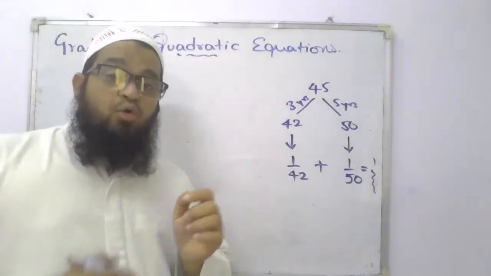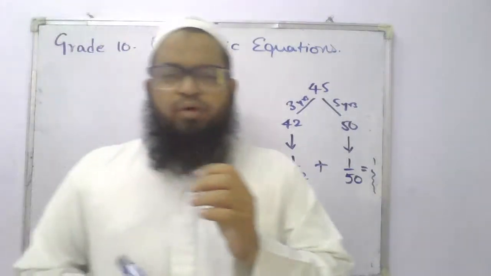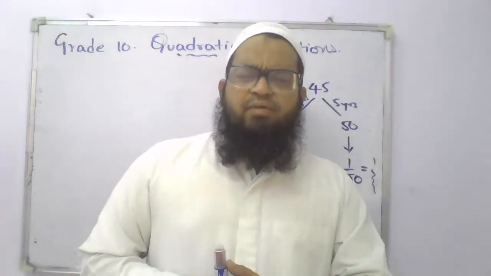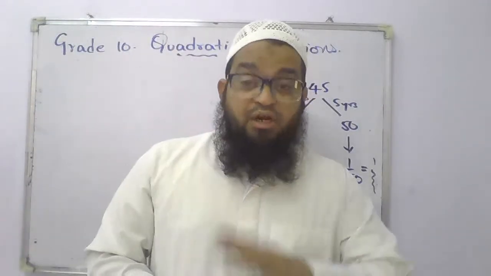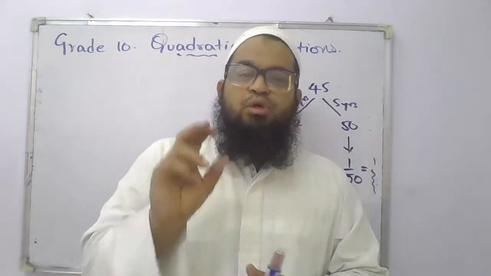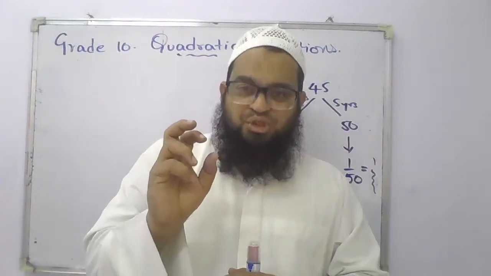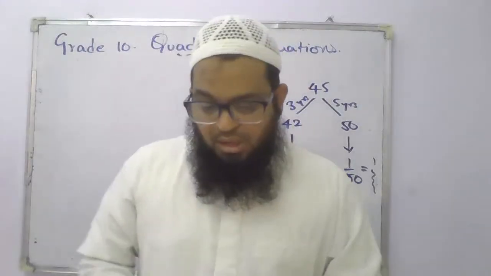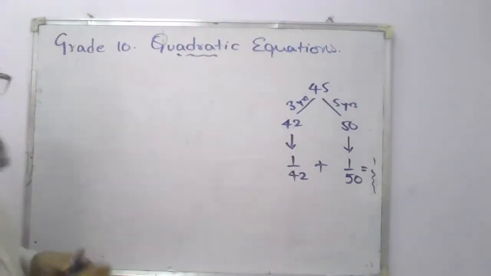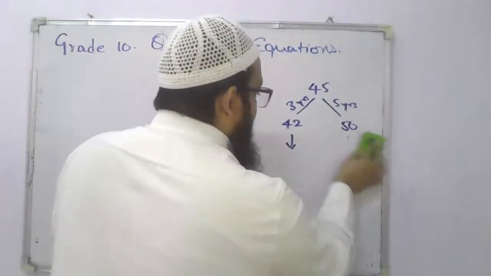So this is how you break down. When you read any word problem, don't go directly into the numbers given. You take numbers which suit you and which make you understand the concept. Now, do you understand the concept with this? Yes, sir, we understood.